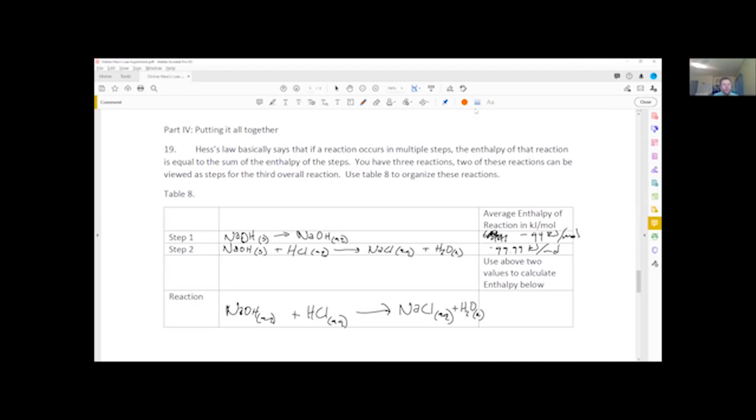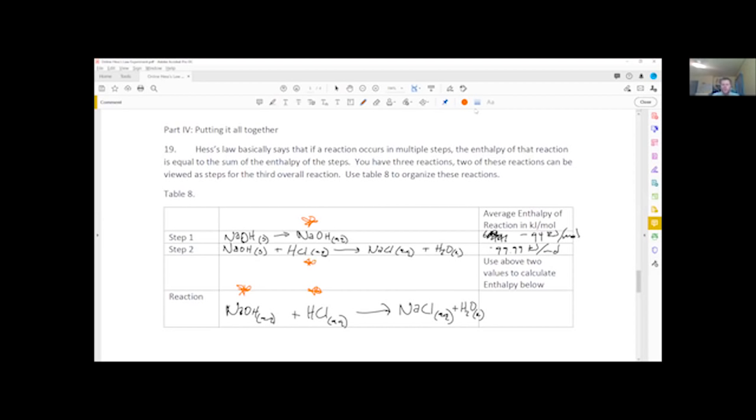Do I see sodium hydroxide aqueous? And that phase is very important. I see it as a product in step number 1. Aqueous HCl, do I see that in any of my reactions? Lo and behold, I see it as a reactant in step number 2.